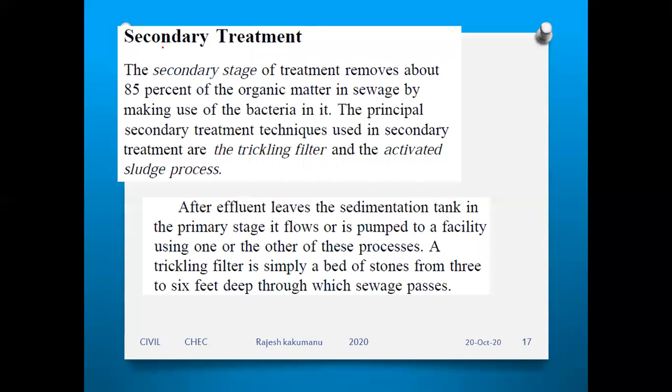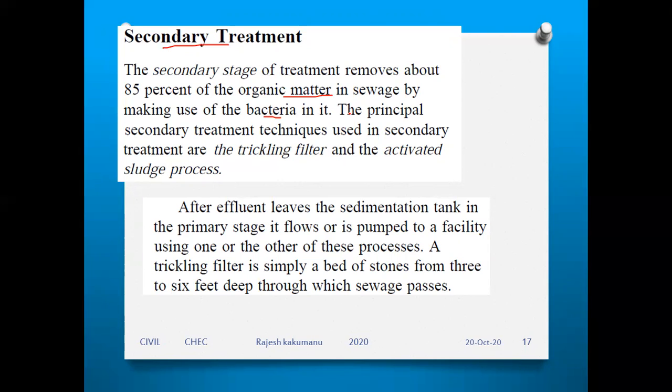Next, the introduction to secondary treatment. As we already said, the secondary stage of treatment removes about 85% of organic matter in the sewage by making use of bacteria. By making use of aerobic or anaerobic bacteria.